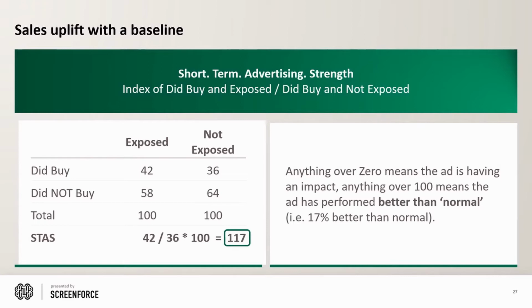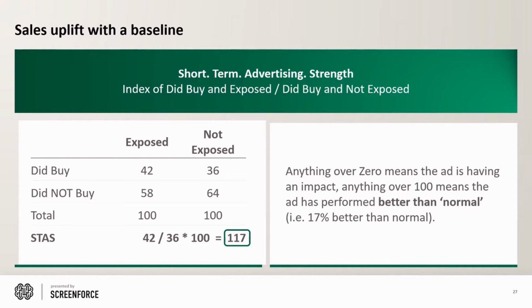So what that means is that we collect choice from all the countries, but they haven't seen the ads. Then we apply that as an index to what they have viewed and what they have purchased. So essentially it's an index between brand choice from the non-exposed group and brand choice from the exposed group.